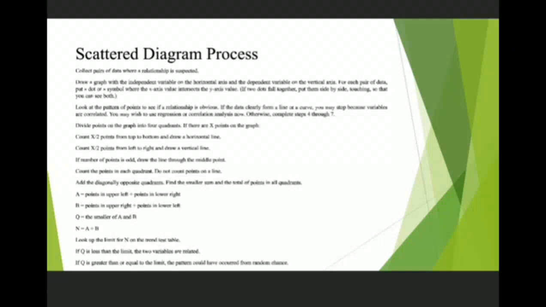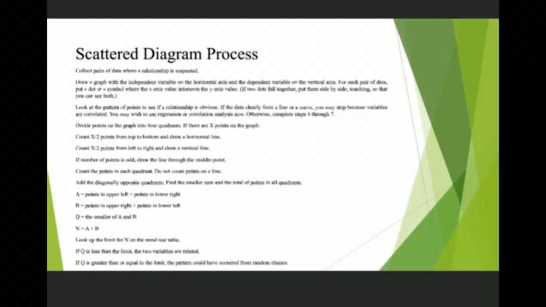Put them side by side, touching, so that you can see both. Now look at the pattern of the points to see if a relationship is obvious. If the data clearly form a line or curve, you may stop because the variables are correlated. You may wish to use regression or correlation analysis now; otherwise complete steps 4 through 7.